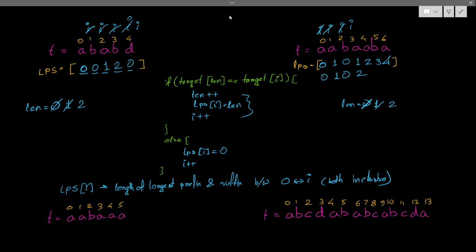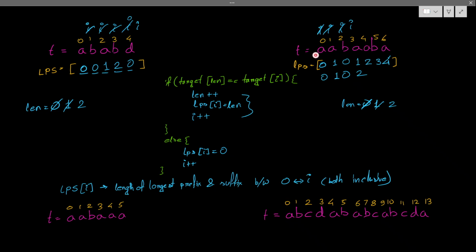But for this character, we know the longest common prefix is 1. So we cannot simply write LPS equals 0 and keep increasing the length. Whenever I get a mismatch here, I have to re-initialize length with the 0th index. For right now it seems to be working, but for this index, it should be re-initialized with the 0th index, correct?